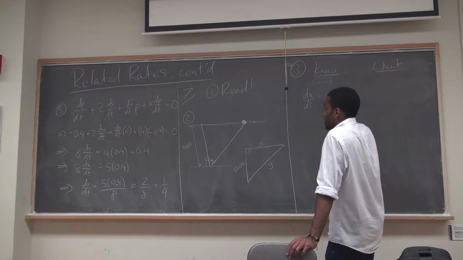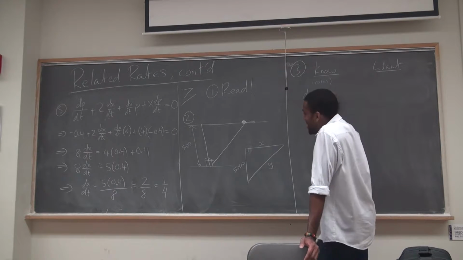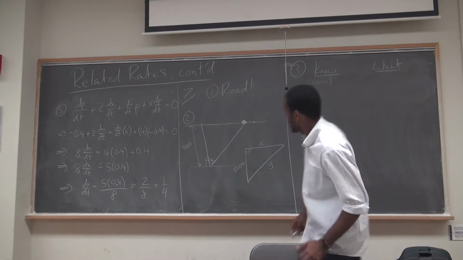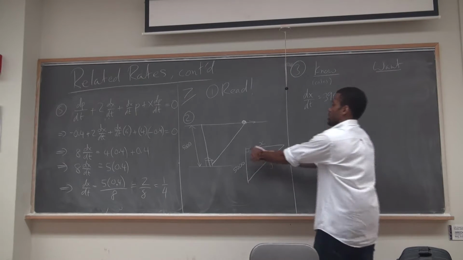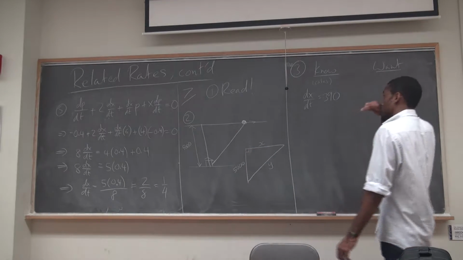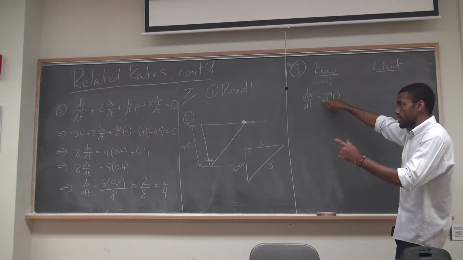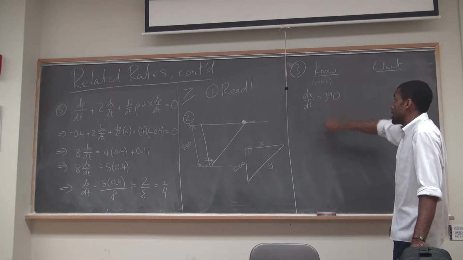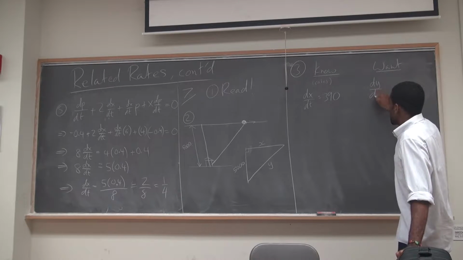Should really label it ds/dt, 390 feet per second. And I know it's positive because this is increasing as he's moving. That's something you always have to consider: whether the thing you're looking at is decreasing or increasing matters, and you have to do a sign change to talk about that. So I know that. What do I want? dy/dt.